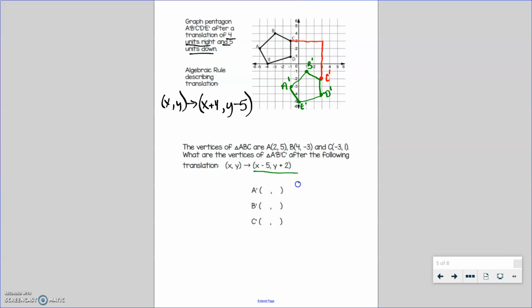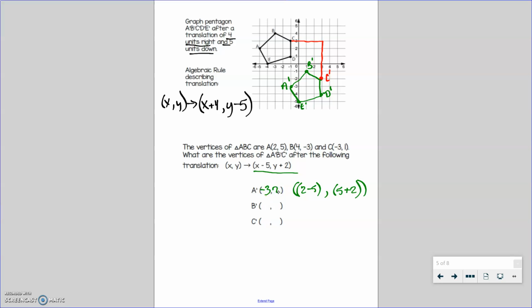So I am going to take my original coordinate points and substitute them in. Well, my x value for A is 2, so I'm going to do 2 minus 5 and then 5 plus 2. And that gives me my new coordinate pair, which is negative 3 and 7.